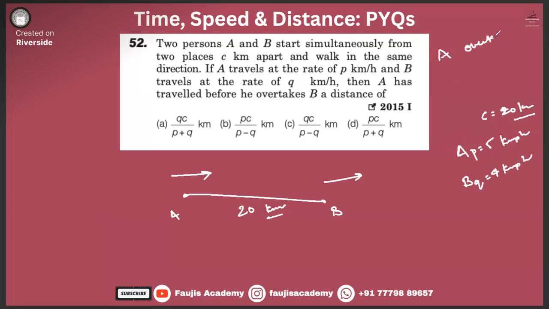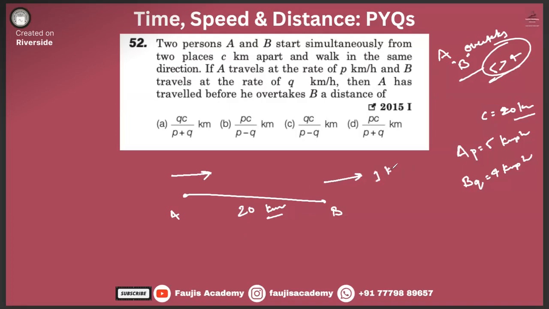Obviously, since A overtakes B, that is the precise reason why we have put in the speed of A as 5 and speed of B as 4, right? So A essentially needs to close this gap of 20 kilometers, and both of them are walking in the same direction.